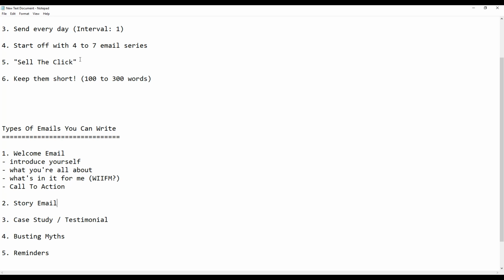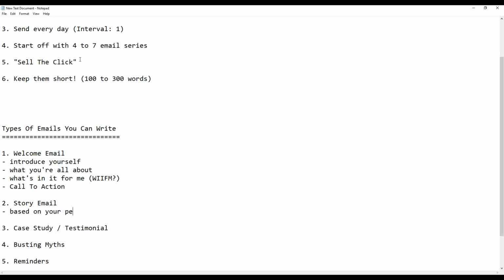After the first email, the next day you're going to be sending another type of email. Normally what I like to do is follow up with a story email. It could be based on your personal experience. I like to call it the zero to hero moment: who you were before and how you can relate to your prospects, and where you're at right now, where your prospects desire to be in your shoes.